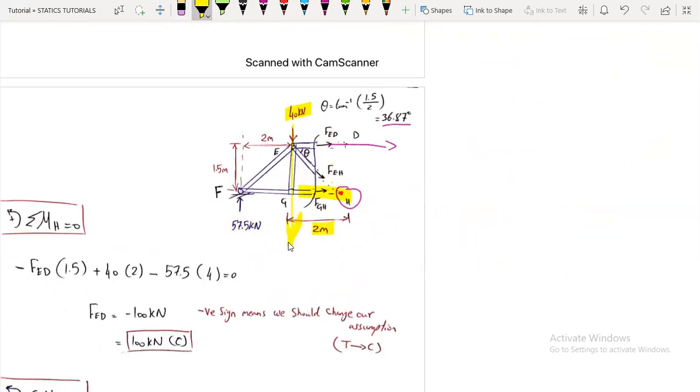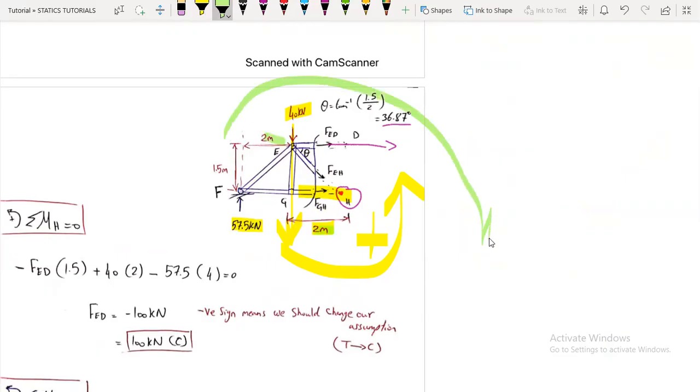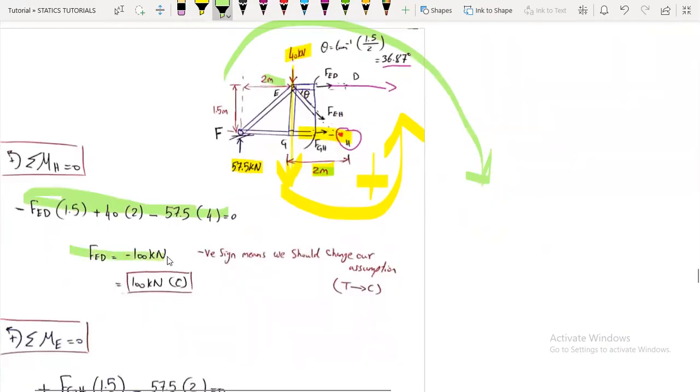And it is rotating counterclockwise, so it is positive. Okay, finally, this reaction, the distance is what? 2 plus 2, which is 4, and it is rotating clockwise, so negative. Okay, one equation, one unknown, and we'll get FED to be minus 100 kilonewtons. That means it's in compression, because we have assumed it at the beginning to be a tension force.